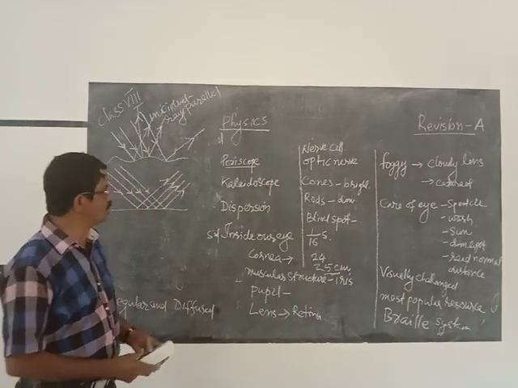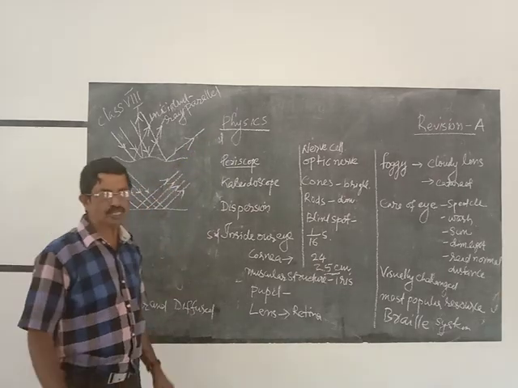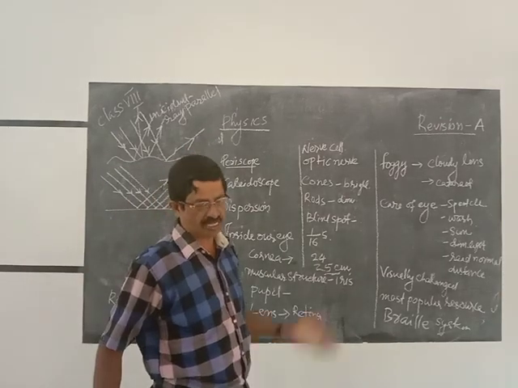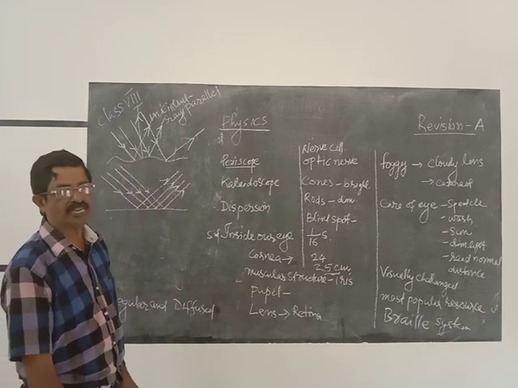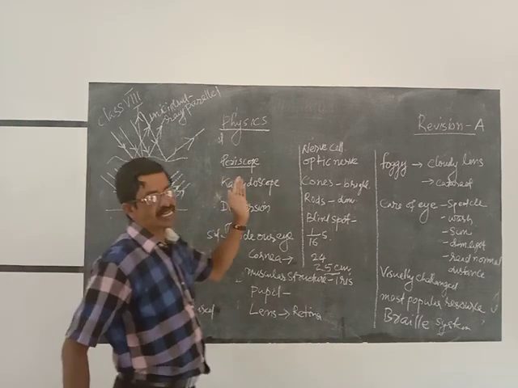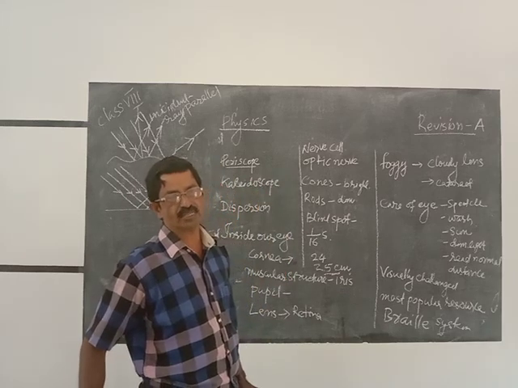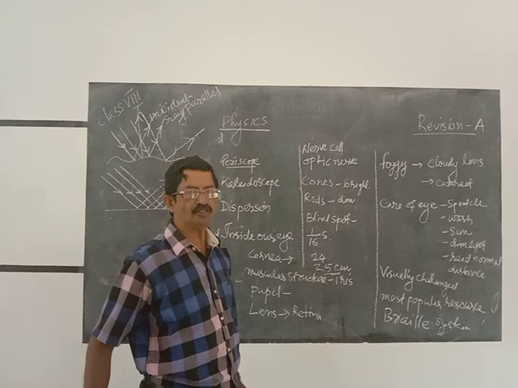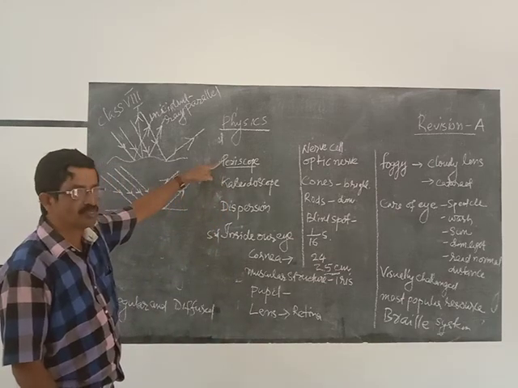That is what we use in a periscope. In a periscope, we use two mirrors in a particular way, so that we can see the object which we cannot see directly.